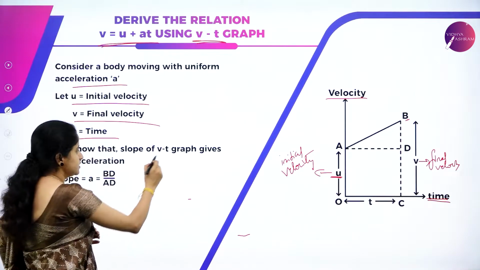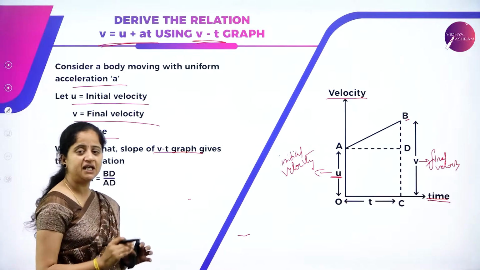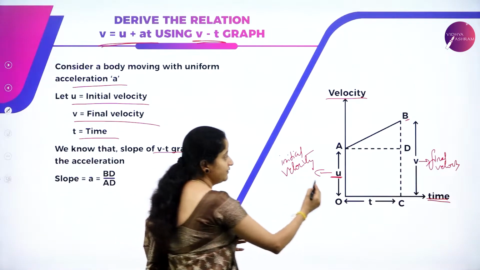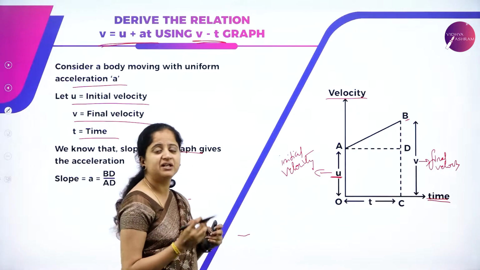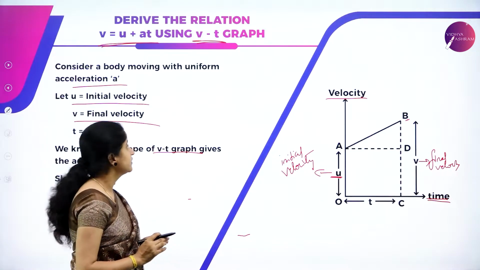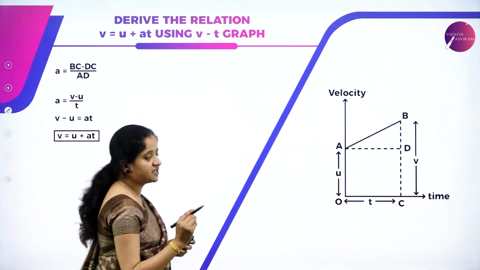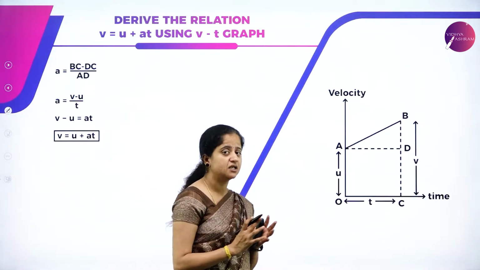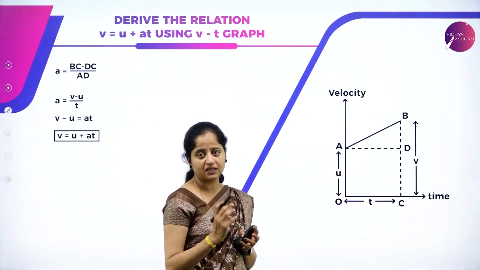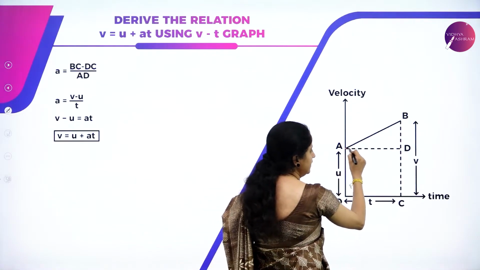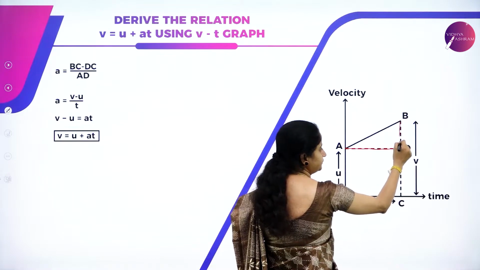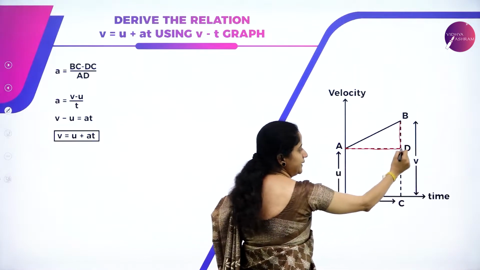We know that the slope of the VT graph gives acceleration. Here we have considered the VT graph. Let us calculate the slope of this so that we will get the acceleration. To get acceleration we need to calculate slope. So for calculating slope we have taken this triangle ABD.